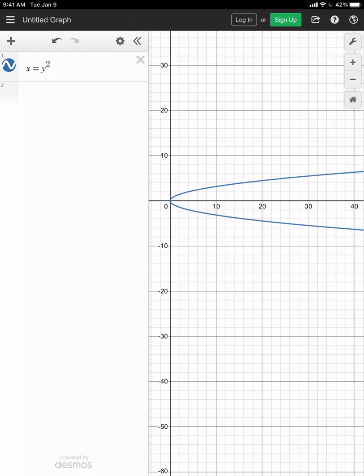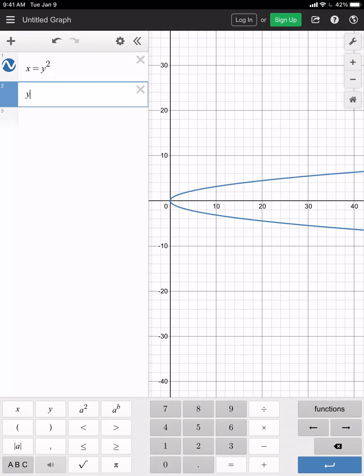So what's in the fourth quadrant right now is y is less than or equal to 0. So it actually ends up being the same equation as y equals the square root of x. Where my green is there, when y is greater than or equal to 0, it's the same equation as that.